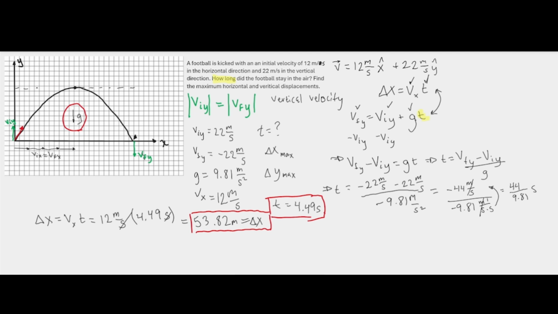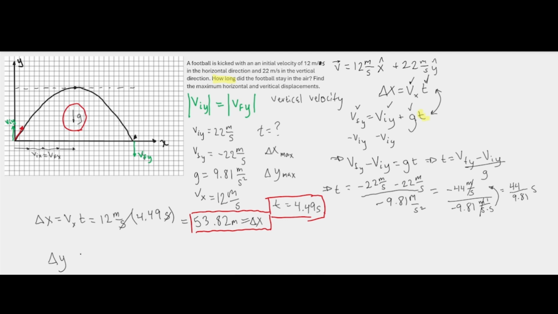And how do we find what that value is? Well, it's going to be halfway through the trajectory of this ball. So if we use a kinematic equation for position, for example, it's going to be now delta y.